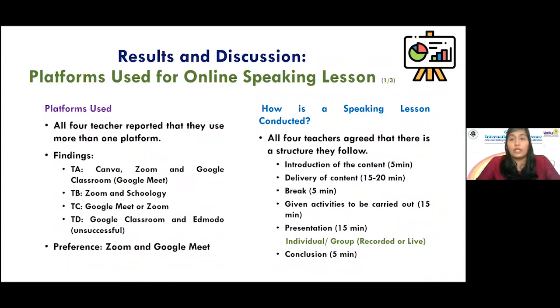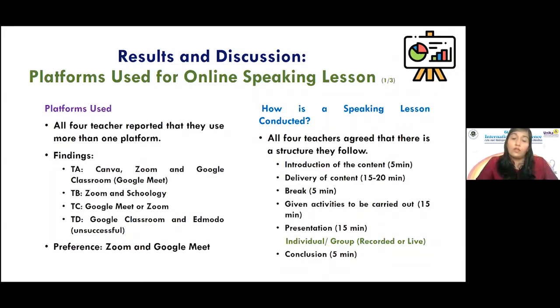So how was the class conducted? After the interview, we have concluded that all 4 teachers have a structure that they follow. First, they introduced the content, they delivered the content, they took a break, and then they gave the activities, followed by presentation. Because we are talking about the speaking lesson here, we have to hear the students speak for us to be able to assess.